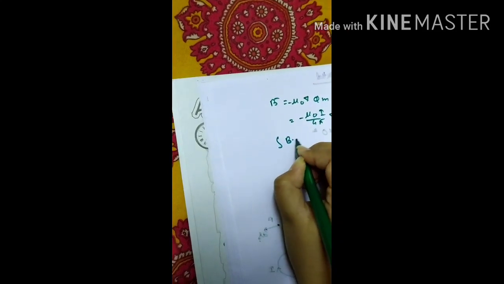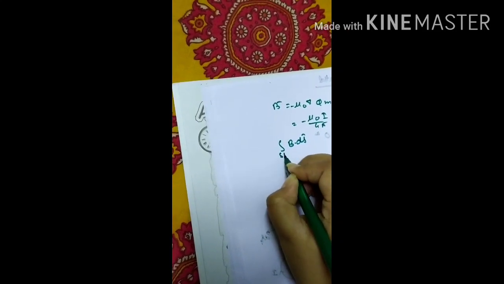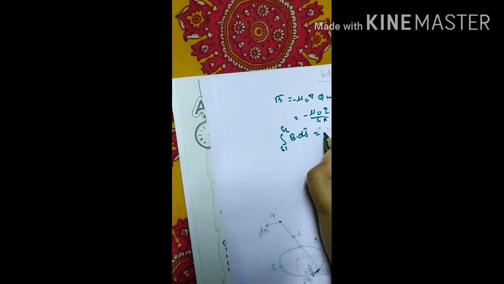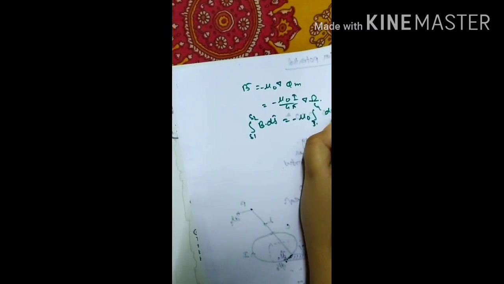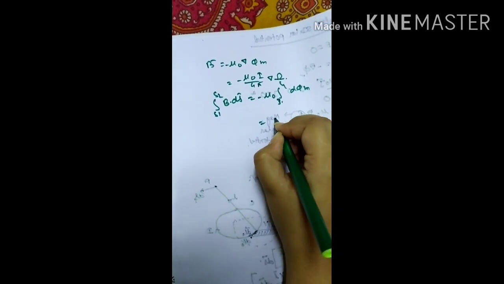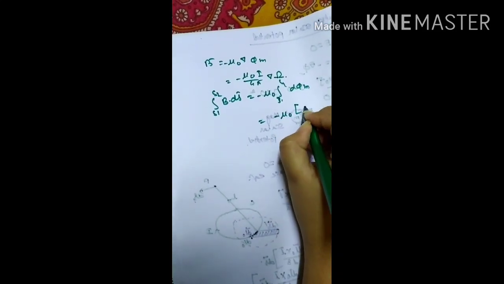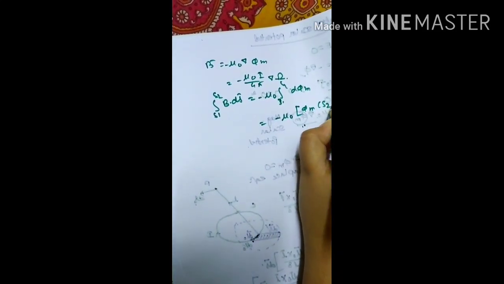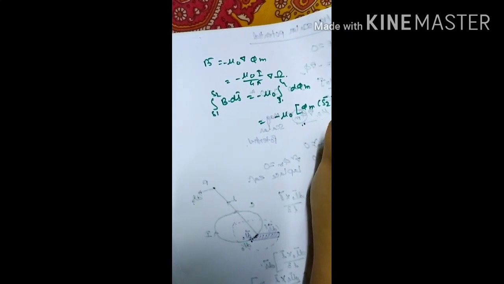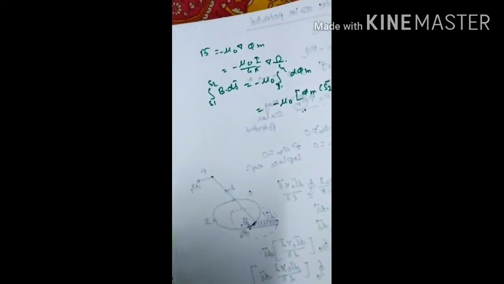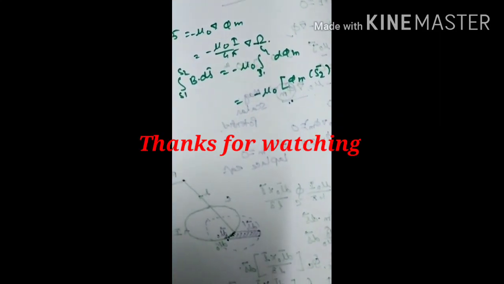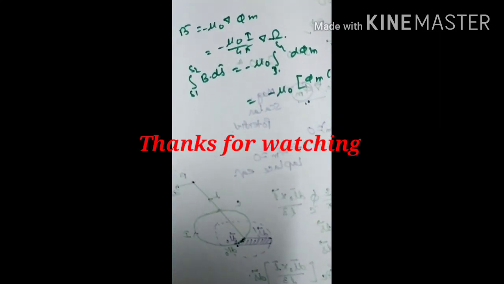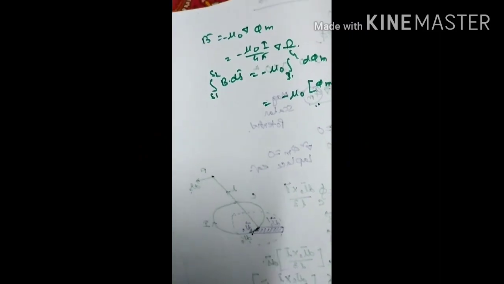And also this B dot ds from s1 to s2, then we will get minus mu 0 integral from s1 to s2 of d phi m, that is minus mu 0 times phi m at s2 minus phi m at s1. So omega is considered positive when the current I, as observed from P, rotates in the counterclockwise direction in the loop. Okay, thank you.